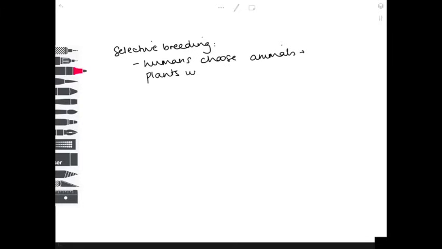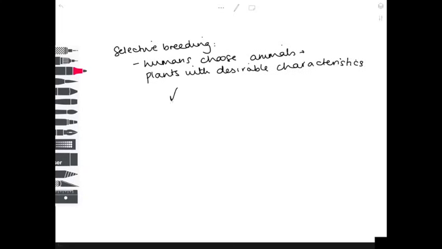And then selective breeding, which is all about humans picking animals and plants with desirable characteristics. And what that means is the end result is better.